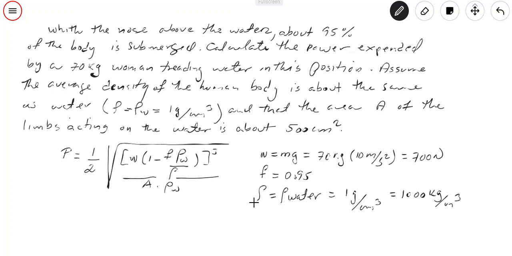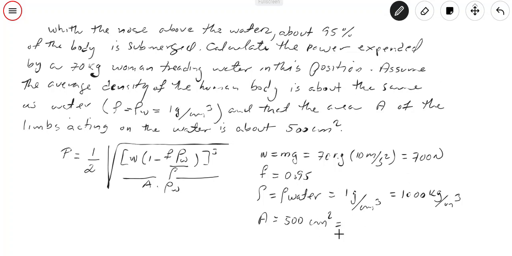I am always converting the density that is given in grams per cubic centimeter into kilograms per cubic meter to have correct units. And we also have the area of the limbs. They say it is 500 centimeters square, sorry, let me erase this, 100 centimeters square.